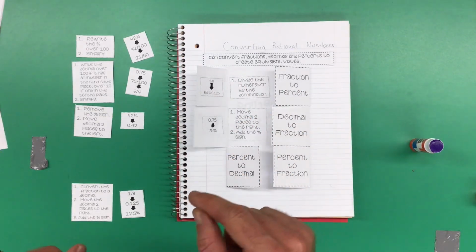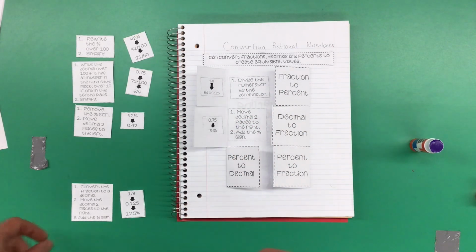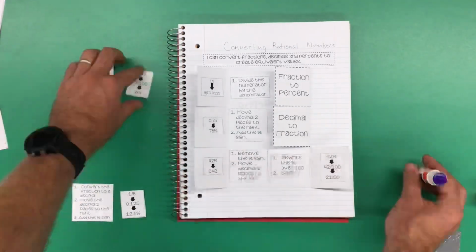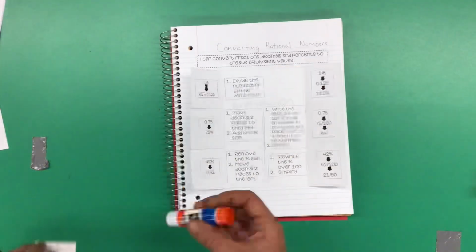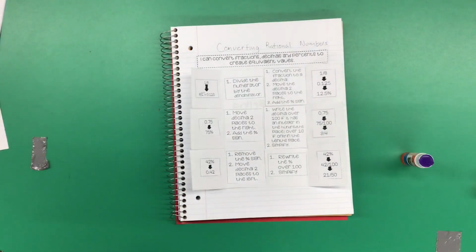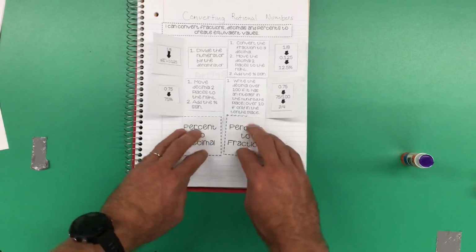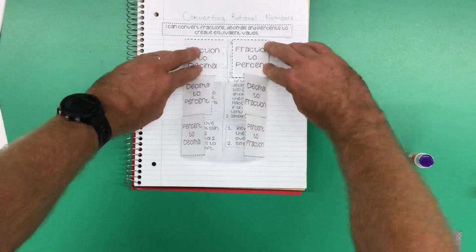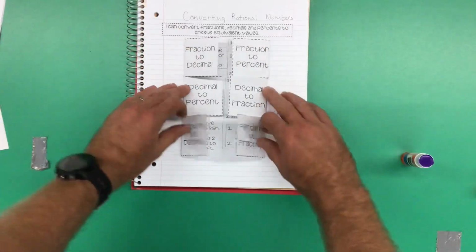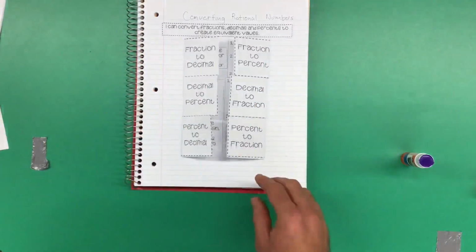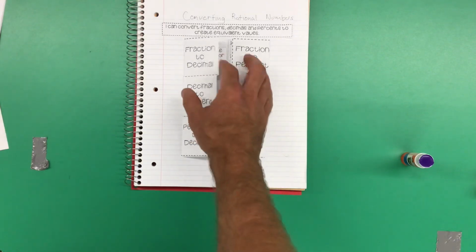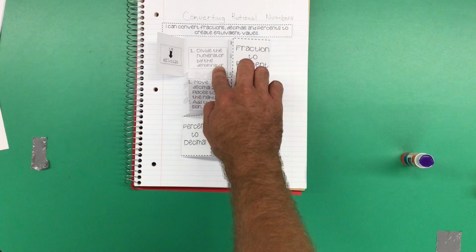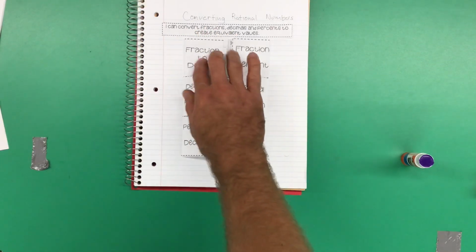See if you can pause the video here and fill in the rest. All right, and there you have it, a little flippable right here. So when you're doing your work, this is going to be a nice cheat sheet. Let's say you have a problem where you need to convert a fraction to a decimal. You can open this up and you can see an example, and then you can see it explained right there.